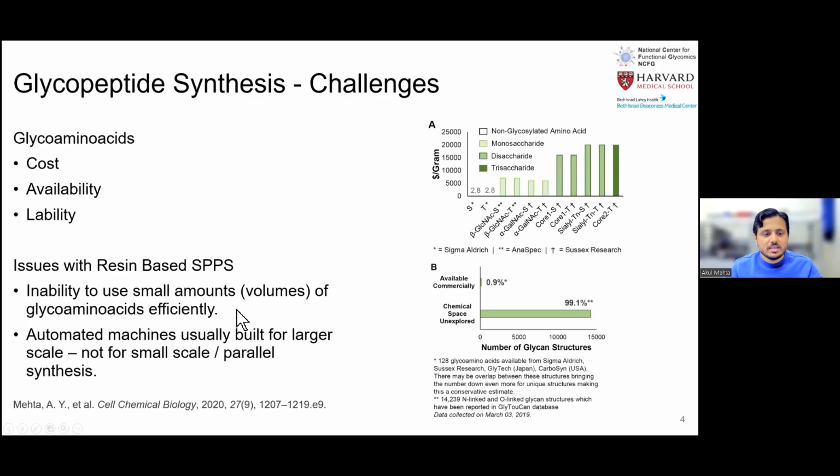Normally these resin-based peptide synthesis methods are built for larger scale and not for small-scale parallel synthesis. There are some instruments out there which you can use to make things in parallel, but usually it is done at a larger scale and in single batches.